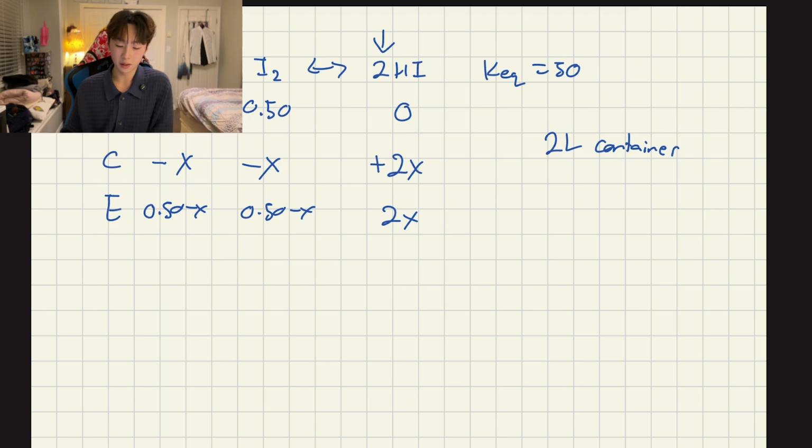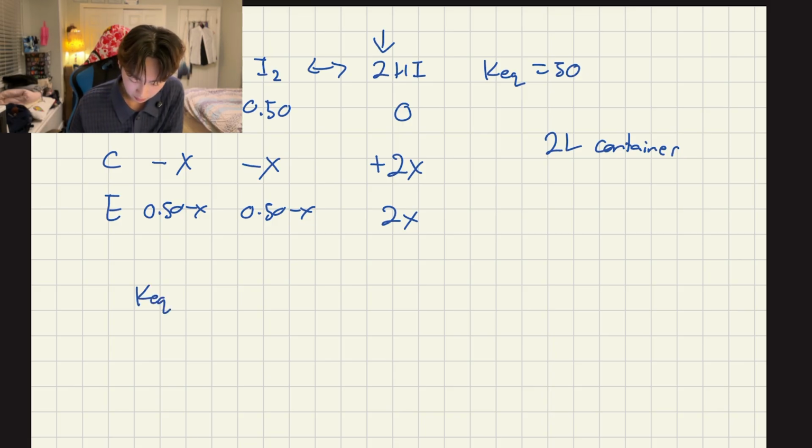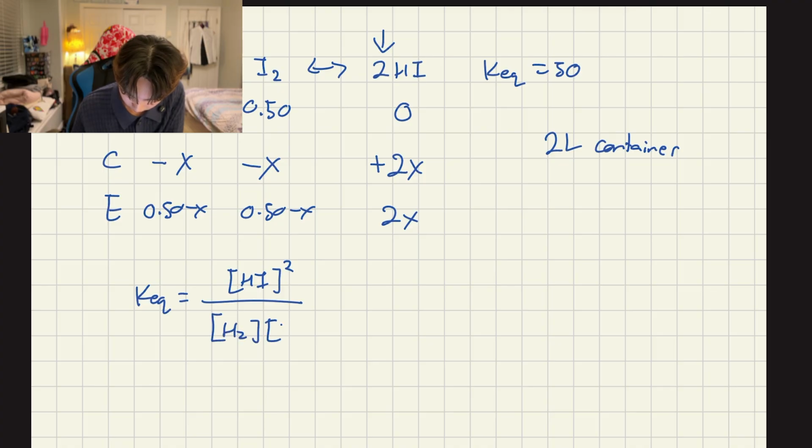Now we have expressions for each of the equilibrium concentrations. All we have to do is solve for x. So we can start by writing our equilibrium constant expression. That's going to be concentration of the products raised to the power of the coefficient over the reactants.